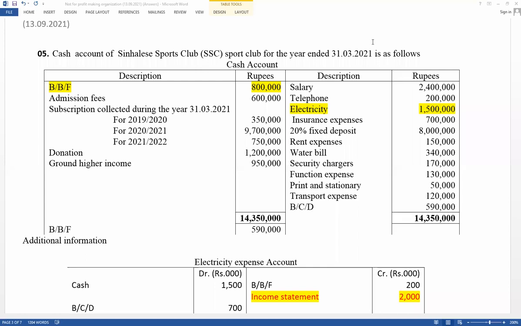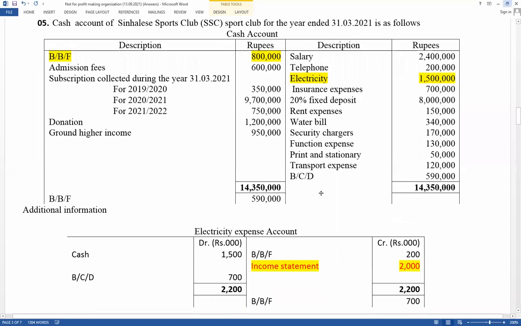Incomplete means a trial balance is not given. Any question where a trial balance is not given is incomplete. If they ask for a financial statement and a trial balance has not been given, those are incomplete. That means if opening and closing balances are given, we have to prepare ledger accounts and find the information.